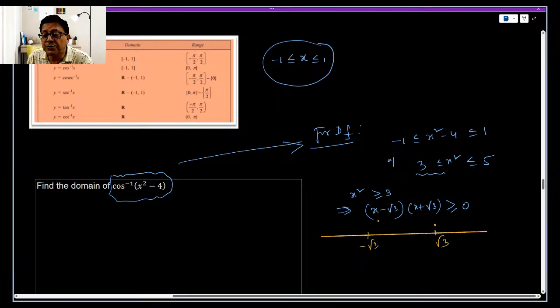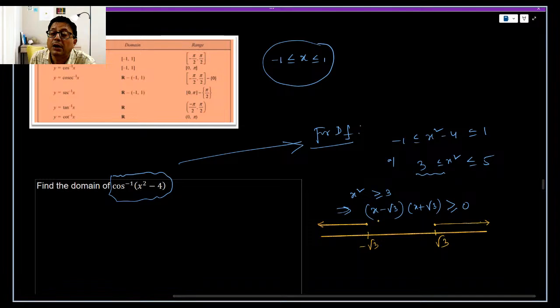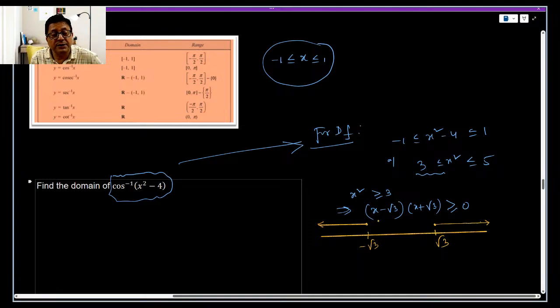So greater than or equal to 0 means this will be positive. You understand? X must be greater than or equal to root 3. X must be less than or equal to minus root 3. In both the cases, x square will be greater than or equal to 3. Isn't it?